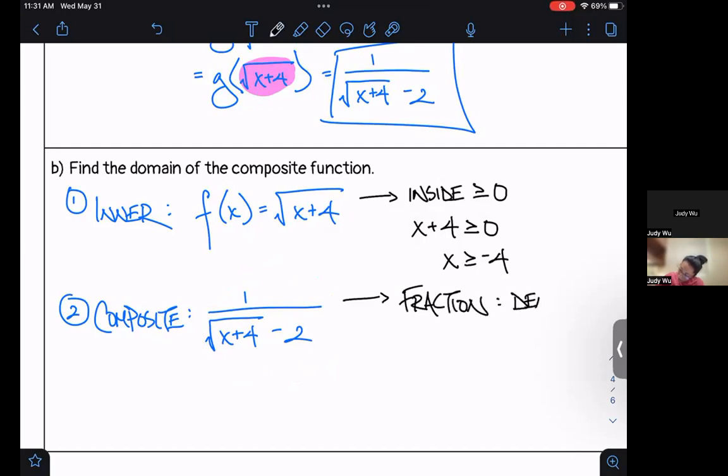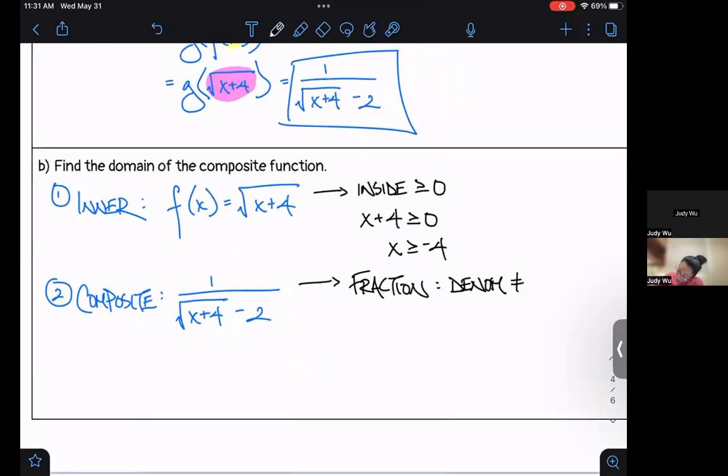So we've got a fraction here, which means our denominator cannot equal 0. For us, that means the square root of x plus 4, minus 2, cannot equal 0. If I add 2 to both sides, I get the square root of x plus 4 cannot equal 2.